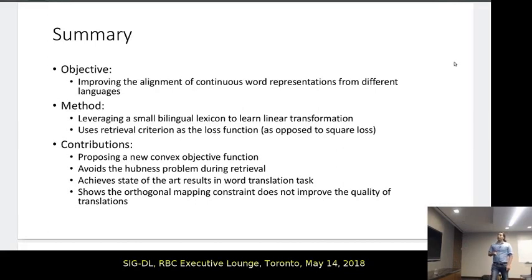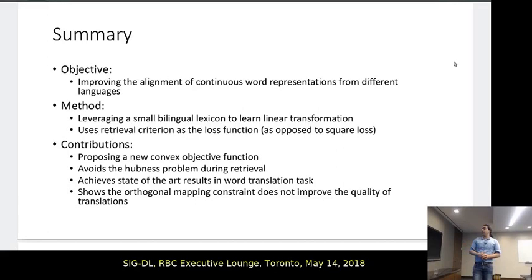The method it employs uses some lexicon that it has labels for. So it knows that cat in English corresponds to this word in Chinese, for example. But bilingual lexicons are limited in nature, and words are unlimited in nature. Every day, new words come in.